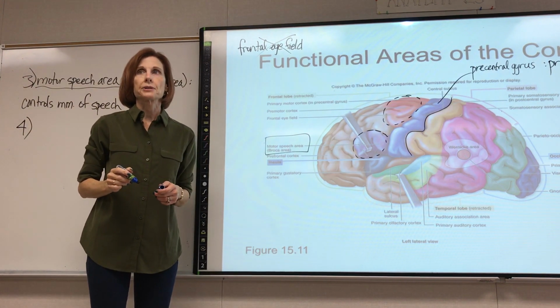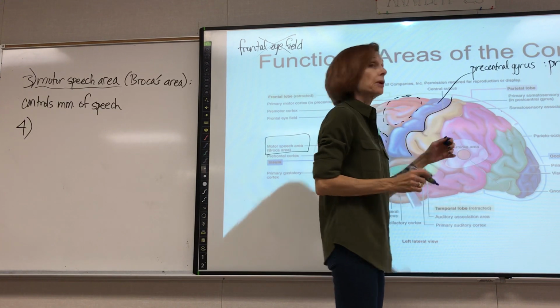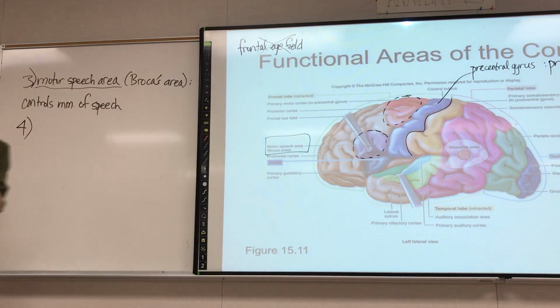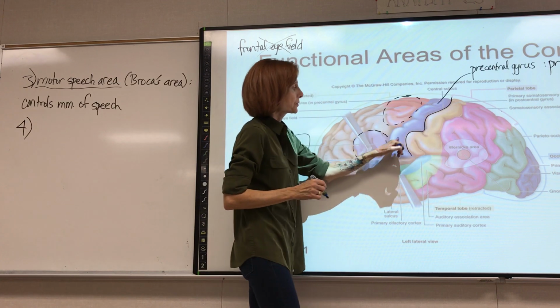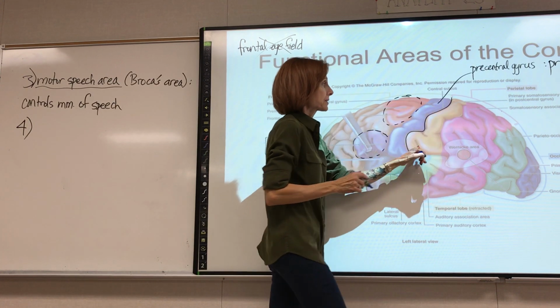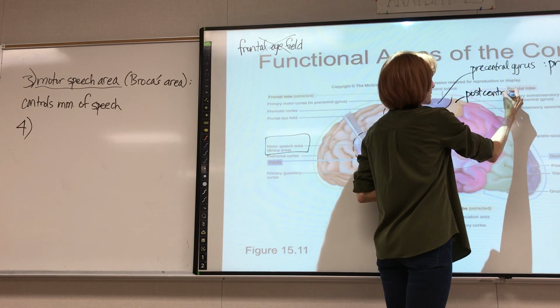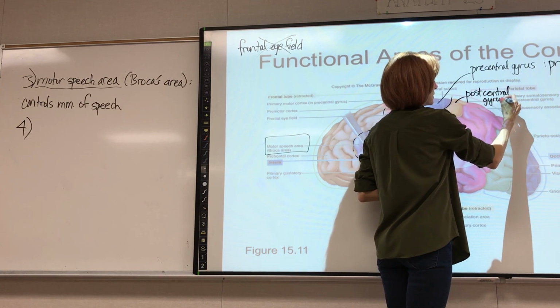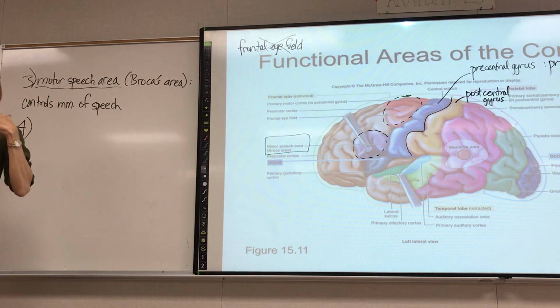Okay, frontal eye field. Okay, so let's go back into the parietal lobe. The parietal lobe is more involved with sensory, receiving and interpreting sensory information. So going back into the parietal lobe, we said this is the precentral gyrus. This gyrus here is called the postcentral gyrus. And the postcentral gyrus is the primary sensory area.